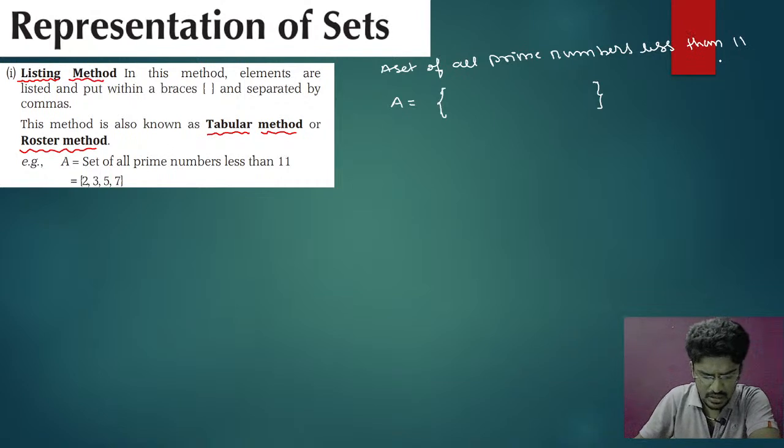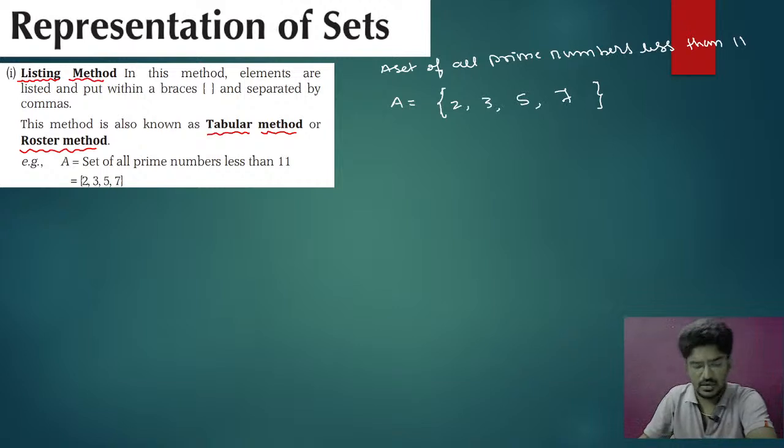So what are the prime numbers less than 11? That is 2, 3, 5, 7. Clear? So you can see 2, 3, 5, 7 are the prime numbers which are less than 11. That means roster, tabular and listing mean the elements are listed according to their nature.